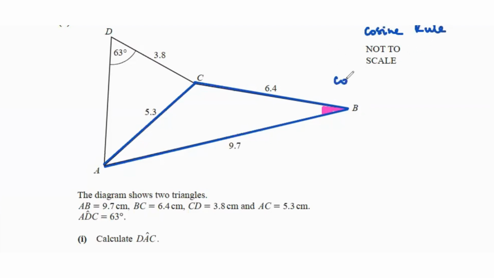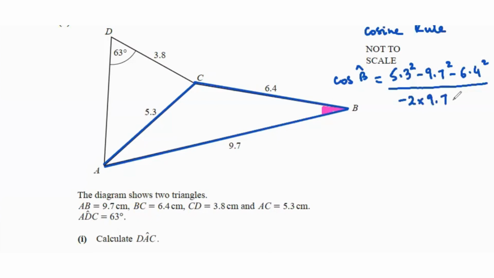Angle B is found using the formula cos of B equals 5.3 squared minus 9.7 squared minus 6.4 squared, divided by -2 times 9.7 times 6.4.